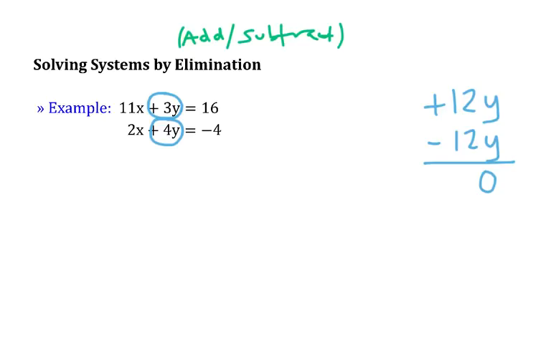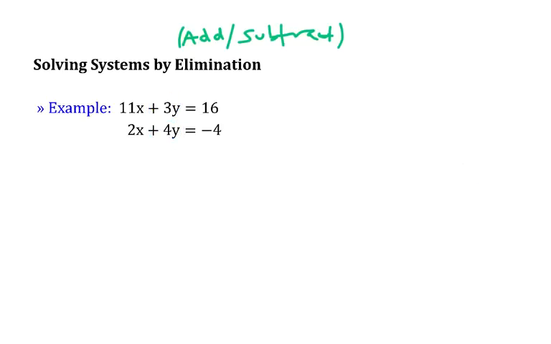So I'm going to go ahead and work this example as if I'm eliminating the variable y. You could have just as well chosen to eliminate x. So let's see. If I'm trying to get rid of y, I basically want to multiply my whole first equation by what it takes to get 3y to look like 12y, and that would be 4. So I need to multiply my whole first equation by 4.